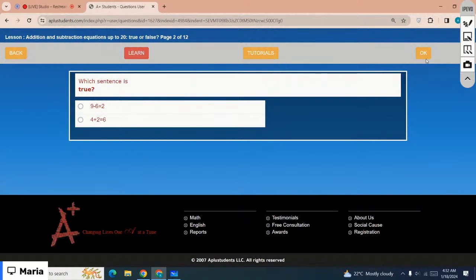Yes, 4 plus 2 equals 6 is true, right? The correct option is the second one. 4 plus 2 is 6 is true, right?